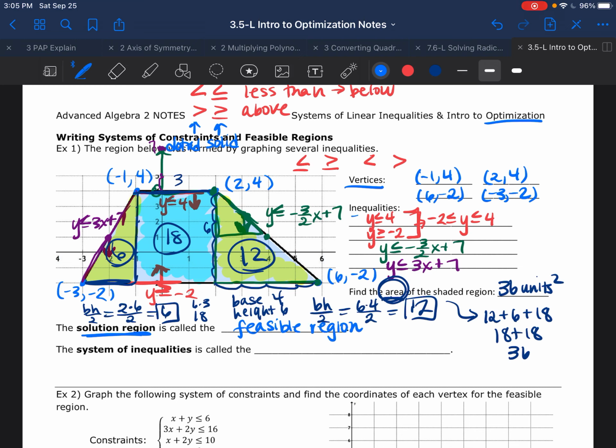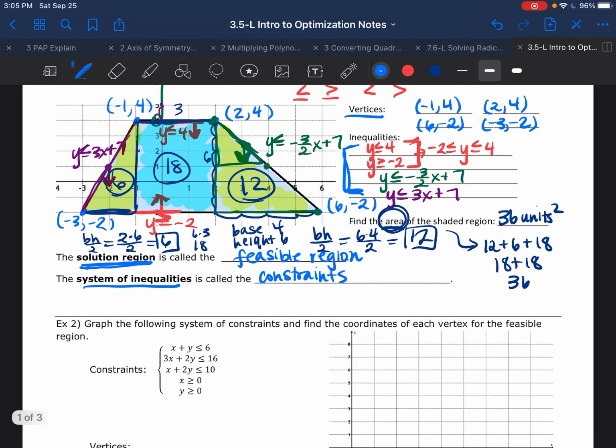So if we're given this system here, and they ask you to find the area of the feasible region, they're just asking you to find the area of the solution region. And then the system of inequalities that we wrote here is actually called the constraints. We are constrained to that region.